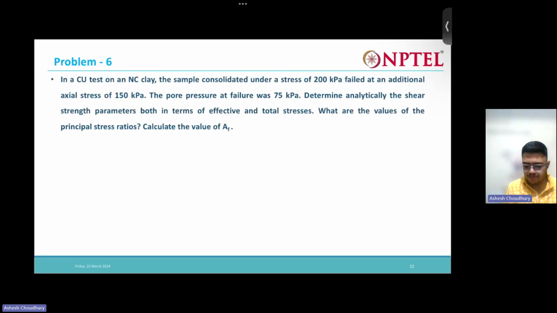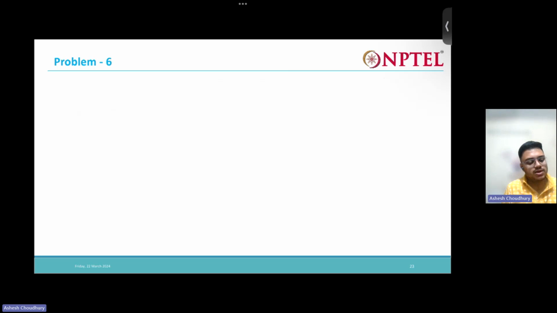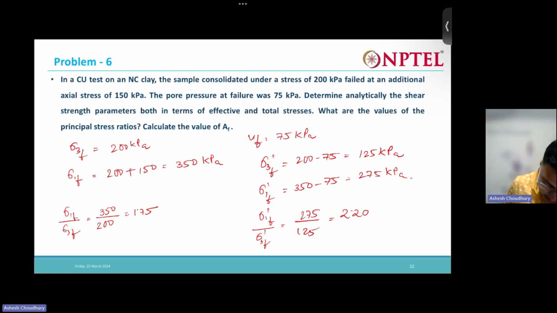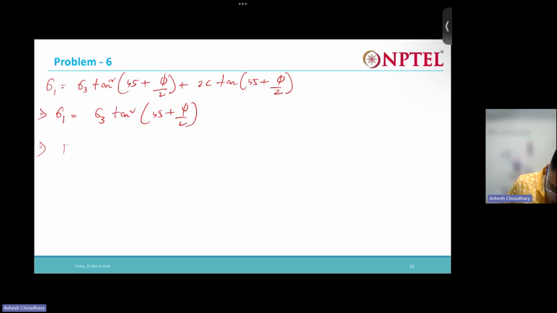In the question, the hint is already given to you. You just need to use the correct information to get the correct result. So from here directly you can put sigma 1 by sigma 3. Already you have found out 1.75. You put 1.75.